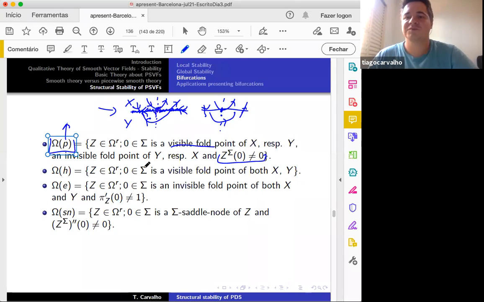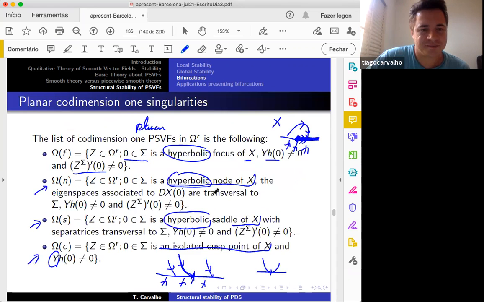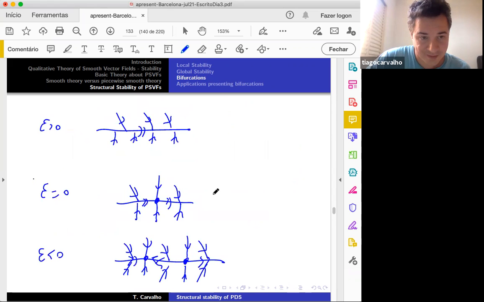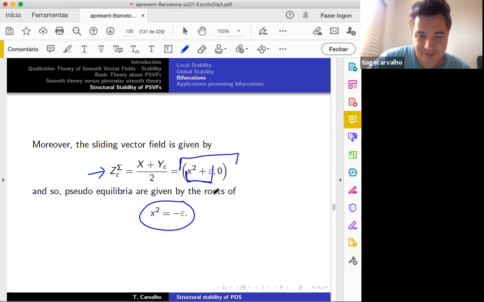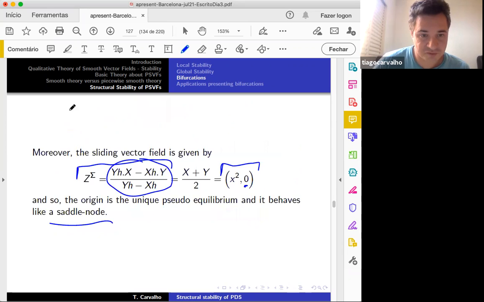Okay, it's possible to obtain piecewise smooth vector fields such that this point is not an equilibrium of the sliding vector field when we extend this sliding vector field to the boundary.